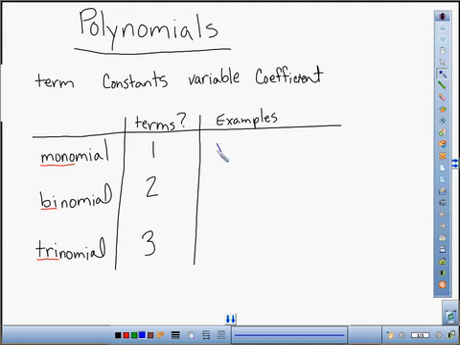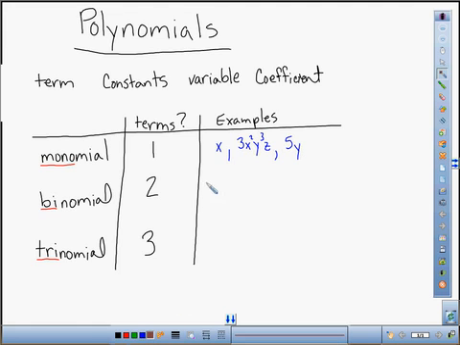Something like x, or 3x squared y cubed z. That is a monomial. There's a lot going on there, but there's nothing being added and subtracted. It's all multiplied together. It's all one term, so it would be a monomial. 5y would be a monomial. So again, nothing's added and subtracted. It just has one term.